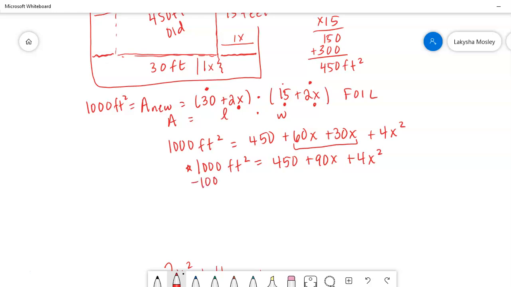Let's subtract 1,000 from that constant. This now becomes 0 equals, and I'm going to write this in the ax squared plus bx plus c form. I'm going to put my 4x squared here, the 90x there, and then 450 minus 1,000 gives me negative 550.